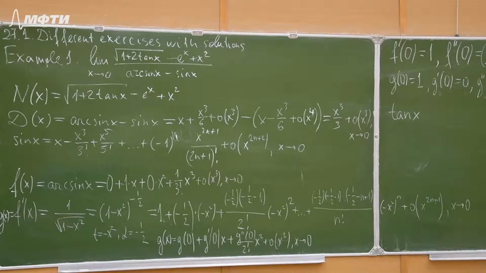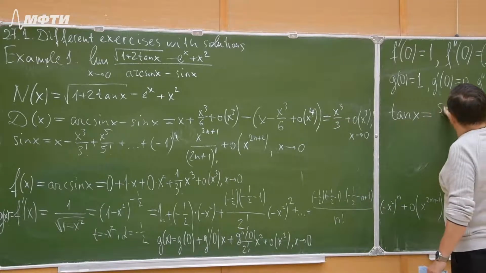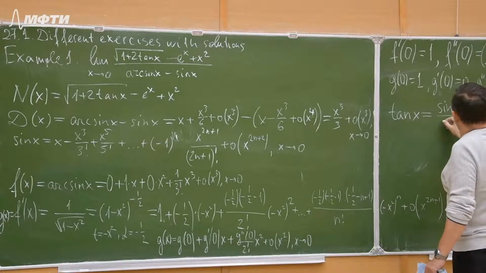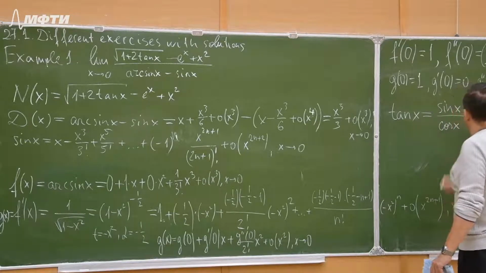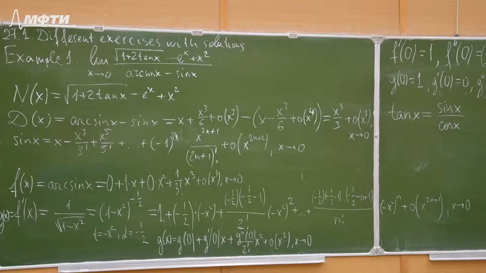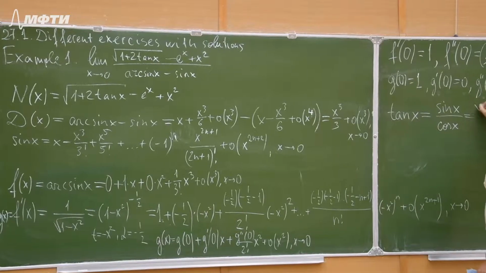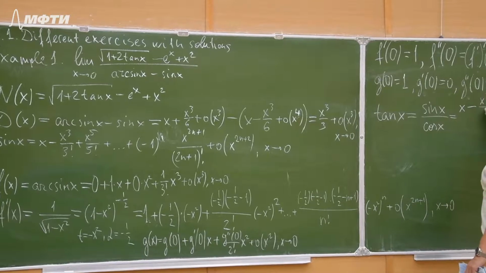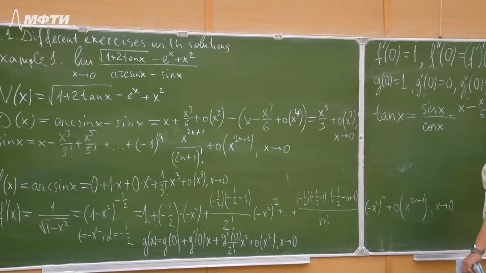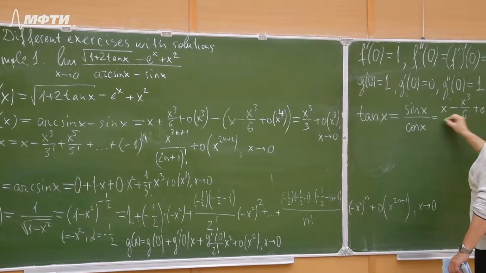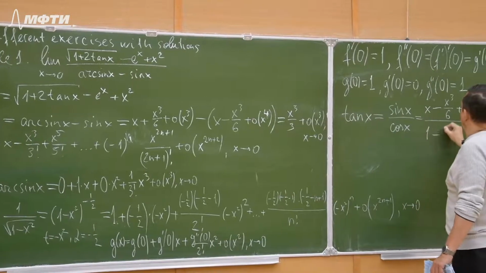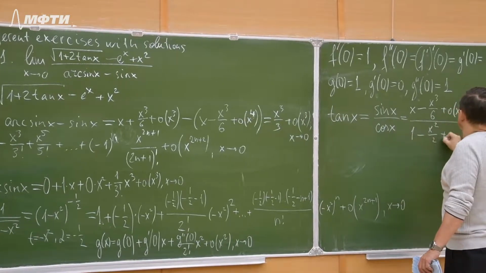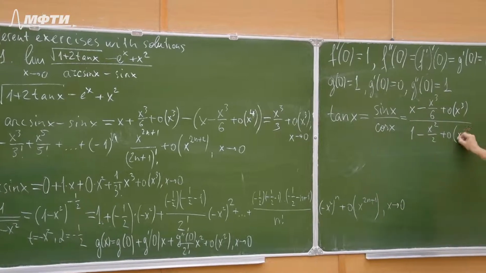So tan x can be represented as sine x over cosine x. We know that we should stop on power 3. So x minus x cubed over 6 plus little o of x cubed, over 1 minus x squared over 2 plus little o of x cubed.